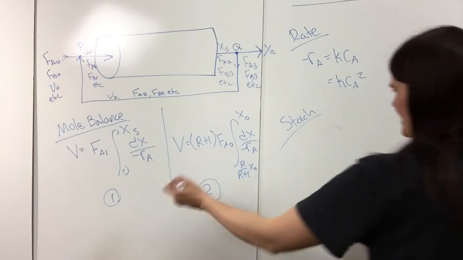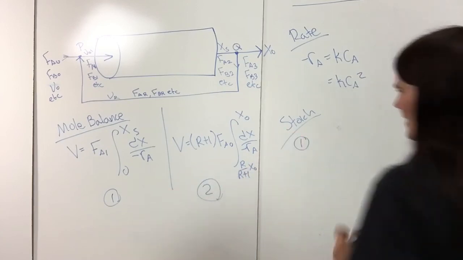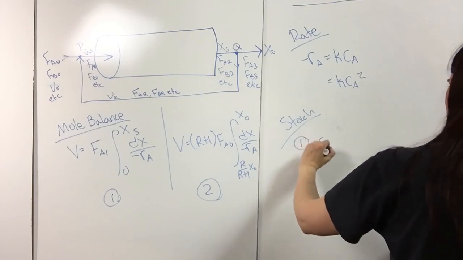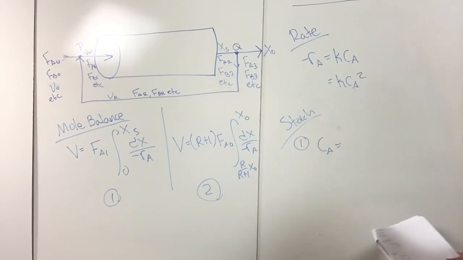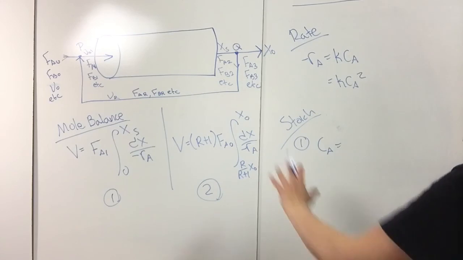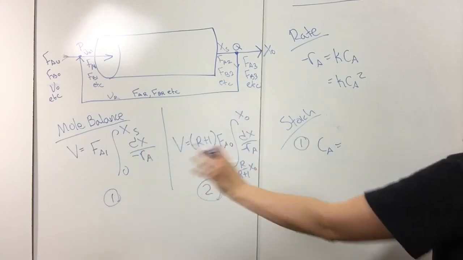So for instance, let's say you do number 1, then your stoichiometry would have to be this full equation that we derived earlier that was over basically the full reactor.